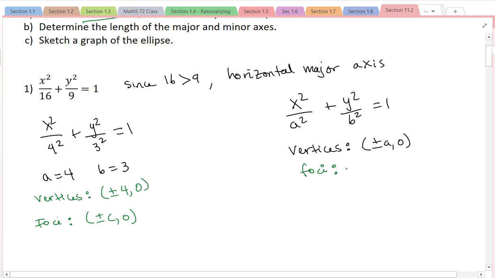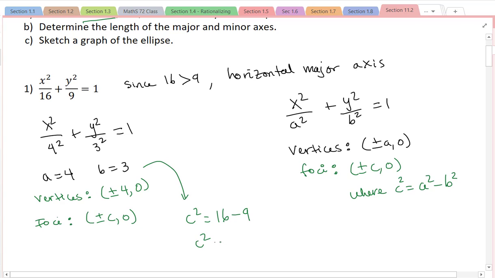So I'll write it over here. And remember we said c squared is equal to a squared minus b squared. I already know a and b, so c squared is equal to a squared, which is 16, minus b squared, which is 9.